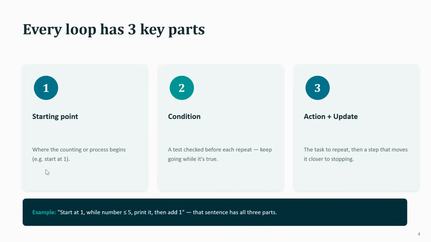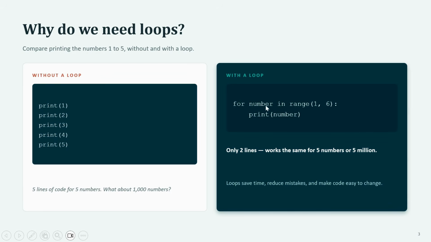Let's say we take a variable named int start. int start is set as 1, which is the starting point for a loop. Or if we are not taking any variable, or we are just using it as an example here, for the number in range 1 to 6, this is the starting point.